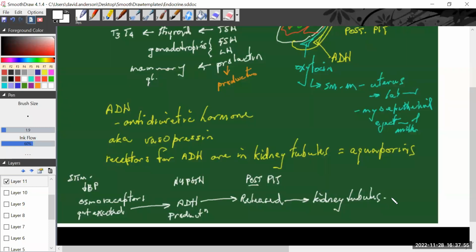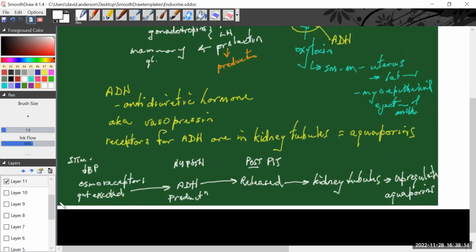And at the kidney tubules, we upregulate the aquaporins. So not only are we increasing ADH availability, we're increasing the numbers of receptors.